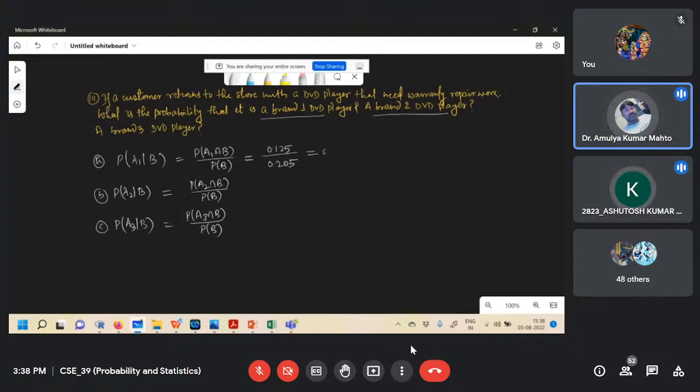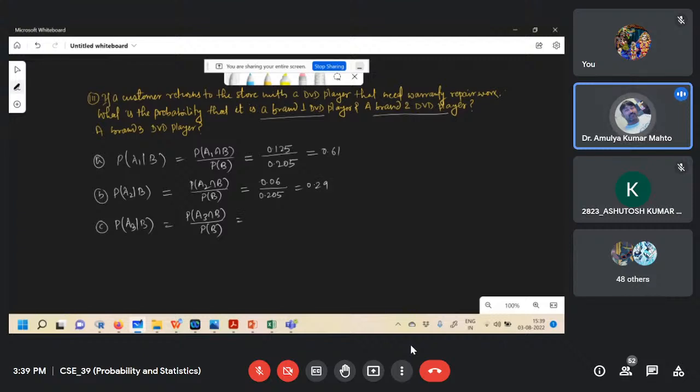This is 0.61 or something, 0.609. I'm getting it. This one is already known, that's 0.06, I think. This divided by P(B), which is known, 0.205. So this is going to be 0.29.